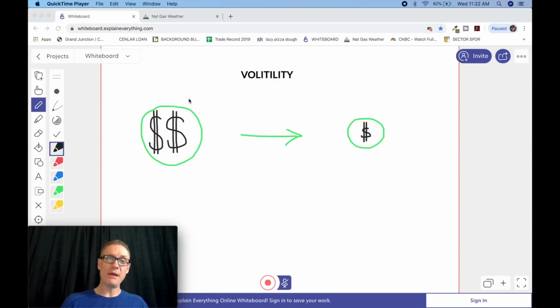So let's say you get paid $5 to take the contract, and then because of the decrease in volatility, in 10 days you can buy it back for $2.50.